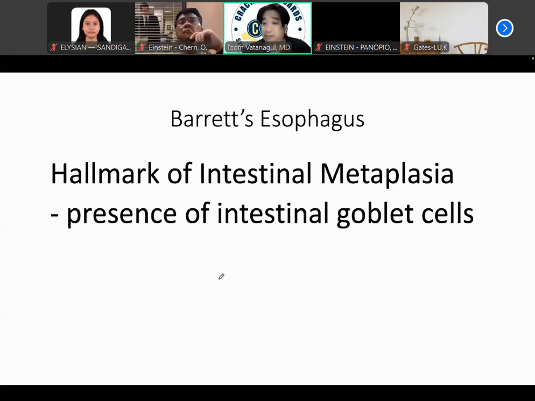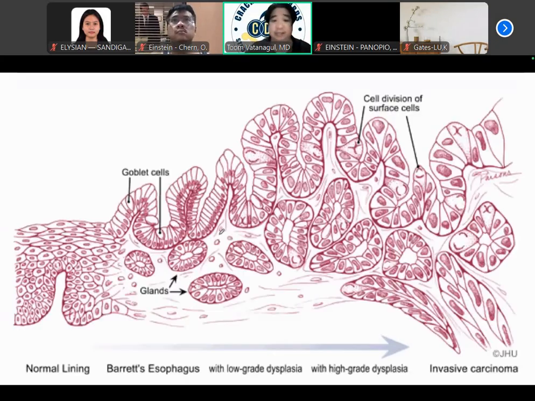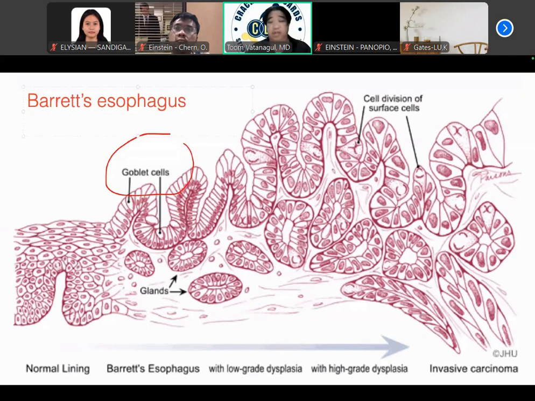Now, according to Robbins, the hallmark of intestinal metaplasia is the presence of intestinal goblet cells. So here we have the presence of goblet cells. Now I want everyone to remember Barrett's esophagus. The predisposing risk factor here is GERD.